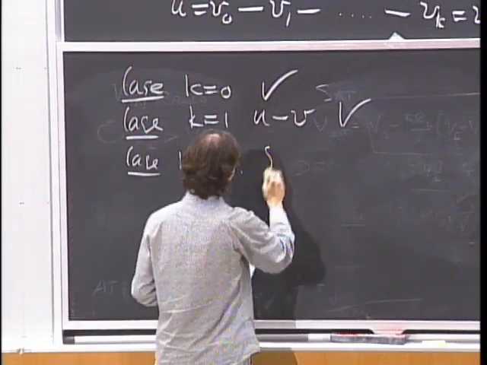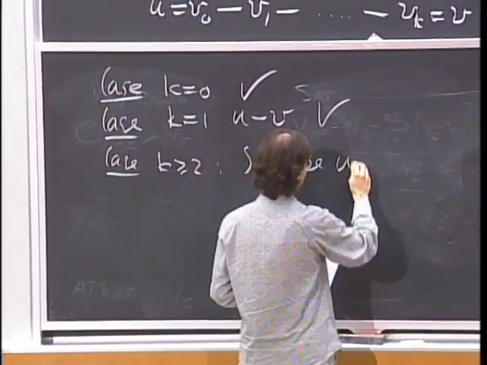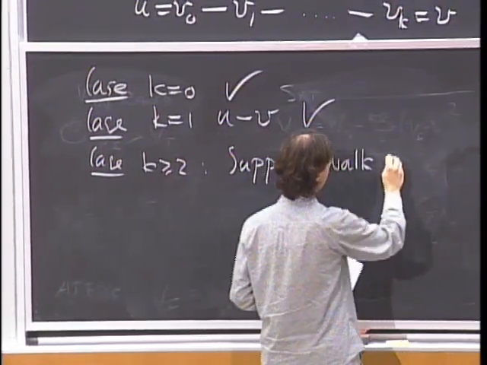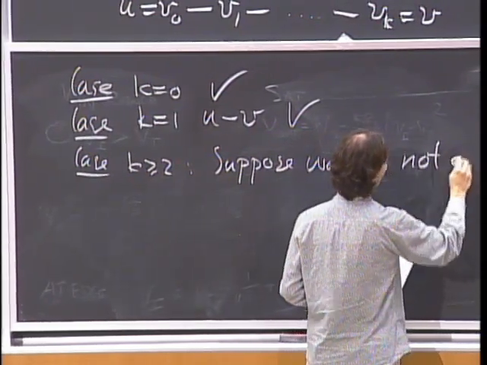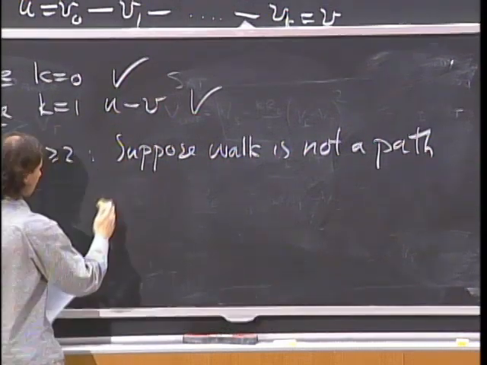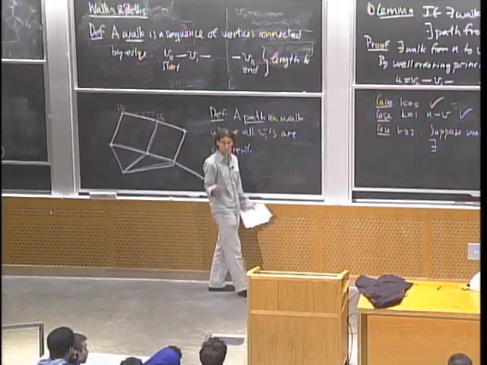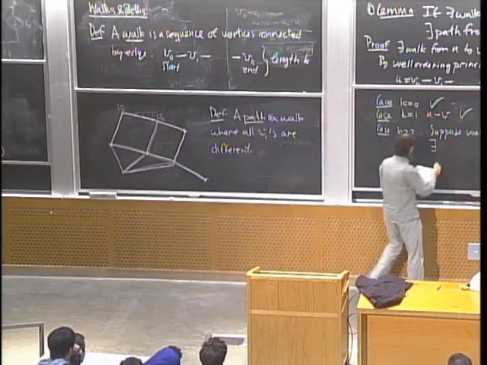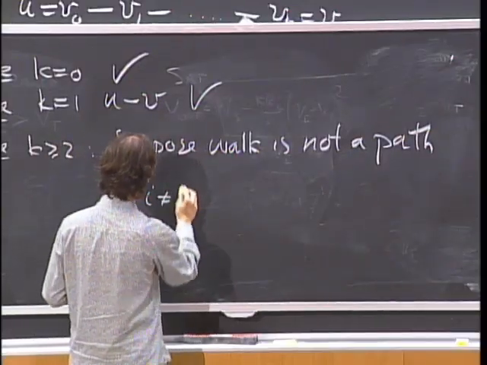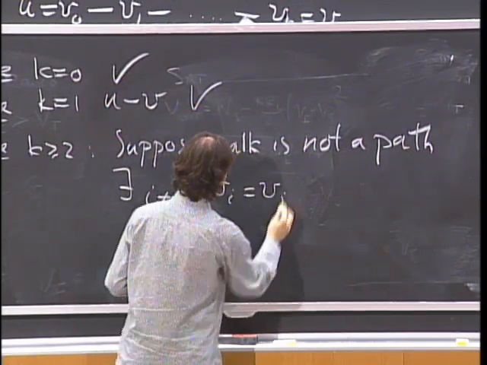Suppose that the walk is not a path, so we are going to assume the opposite. If it's not a path, then we concluded that two of those vi's must be equal to one another. So there exists an i unequal to j, such that vertex vi equals vj.